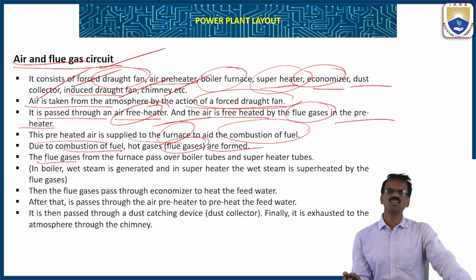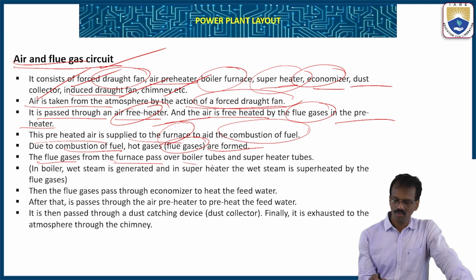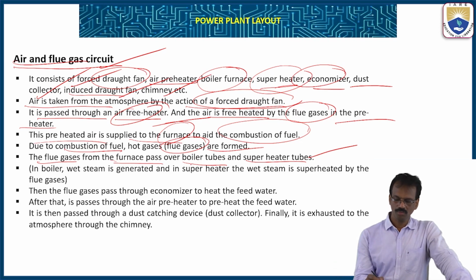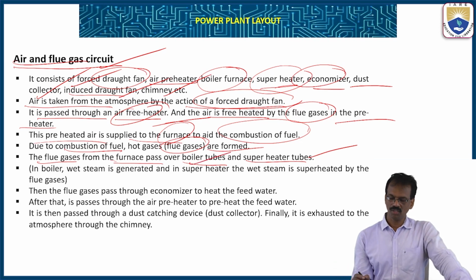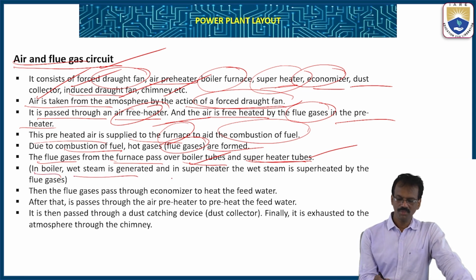The hotness of the flue gases we can use in different areas. The flue gases from the furnace pass over the boiler tubes and the superheater tubes. Boiler tubes heat the water, superheater tubes heat the steam. In the boiler, wet steam is generated.